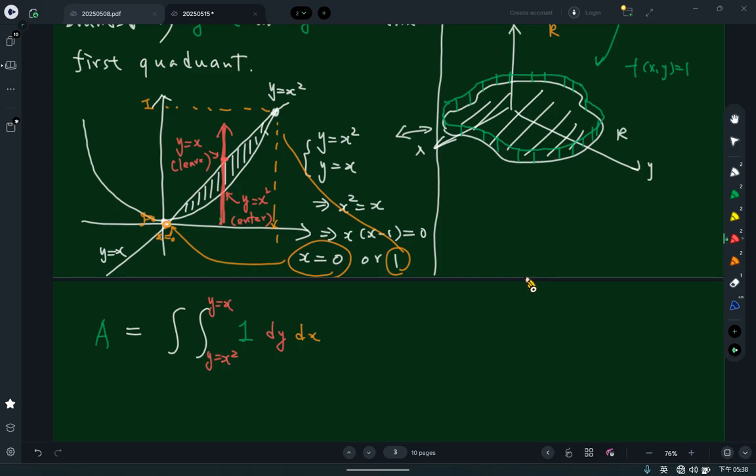Right? So we just finish the inner part. Okay? Then we need to collect following the x direction. So x will go from 0 to 1.